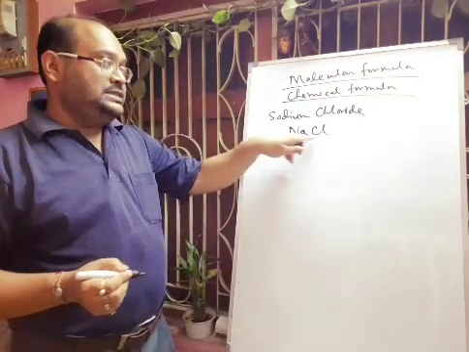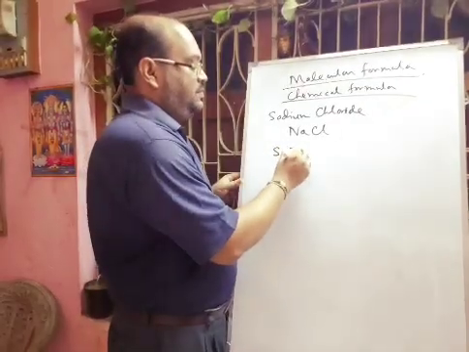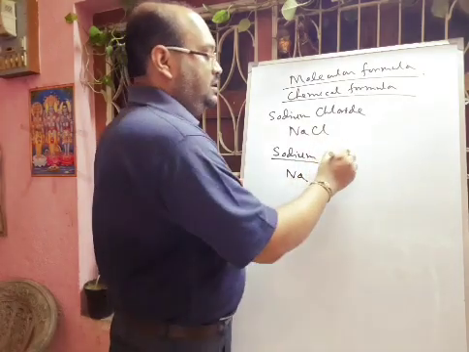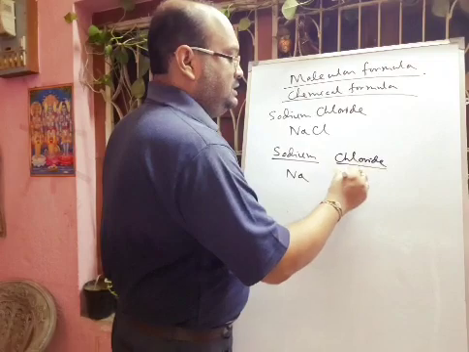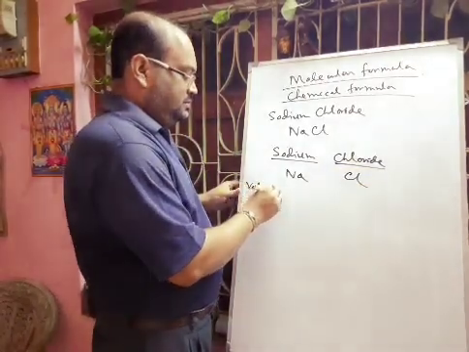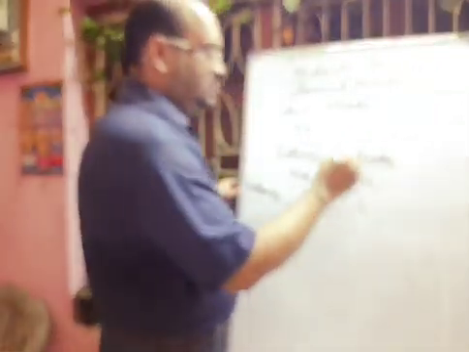How to write this formula? Suppose here sodium and chlorine are given. So first you write the symbol of sodium, Na, and then chloride is there. Chloride symbol is Cl. Now we have to write the valency. Sodium valency is 1 and chlorine valency is also 1.